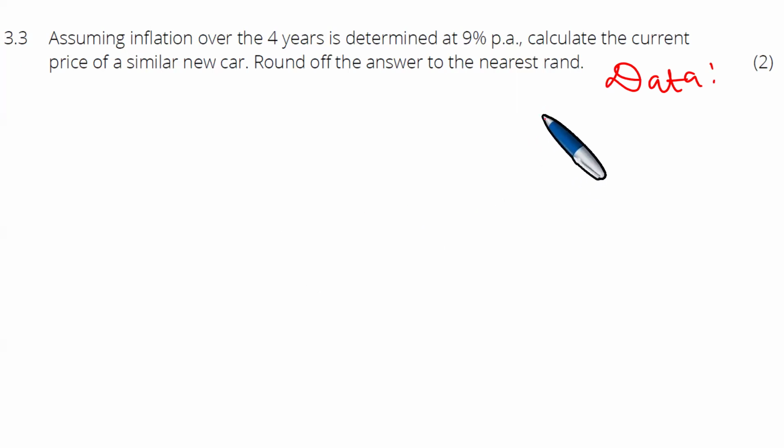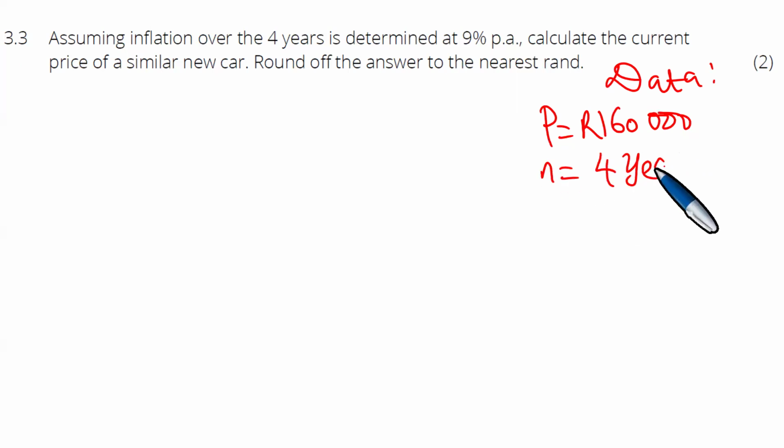Remember that he bought the car at a present value of 160,000, and it is exactly 4 years, determined at exactly 9% per annum. Round off the answer to the nearest rand.